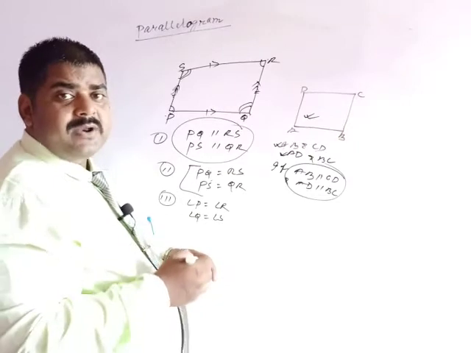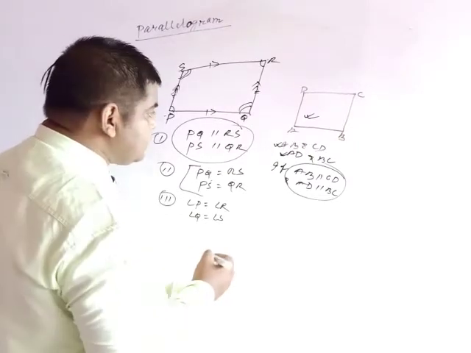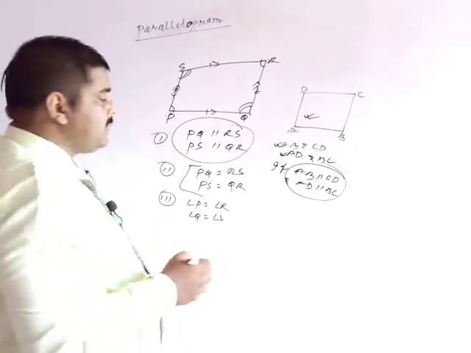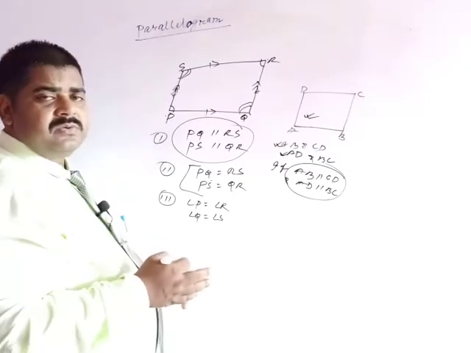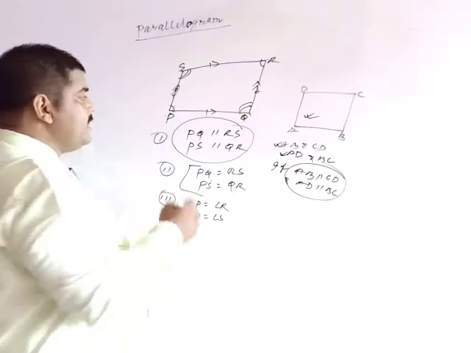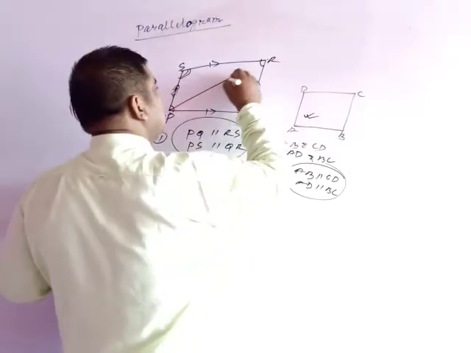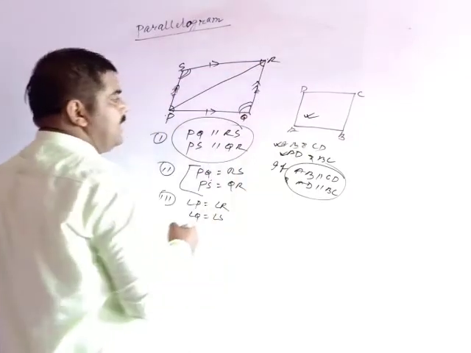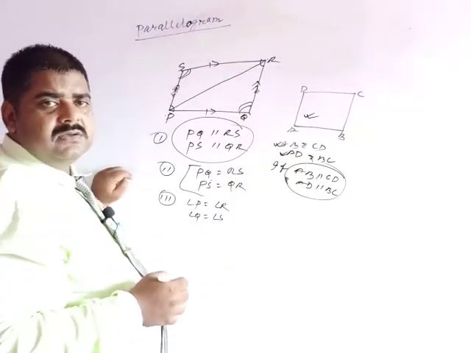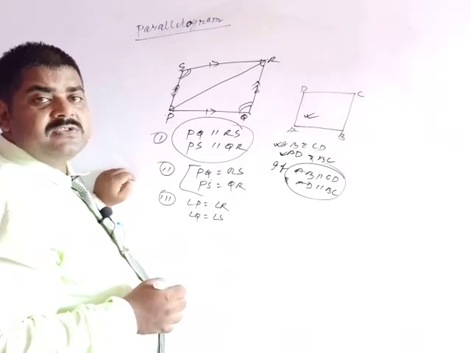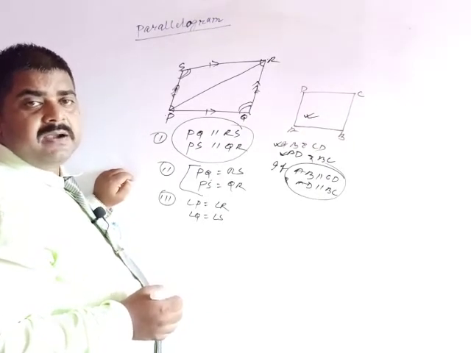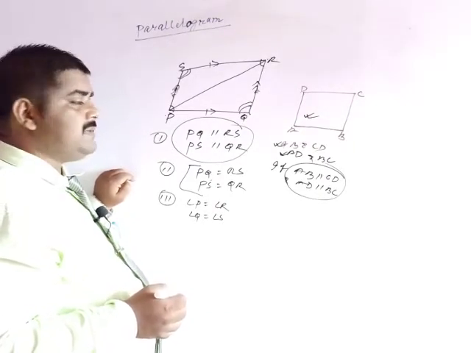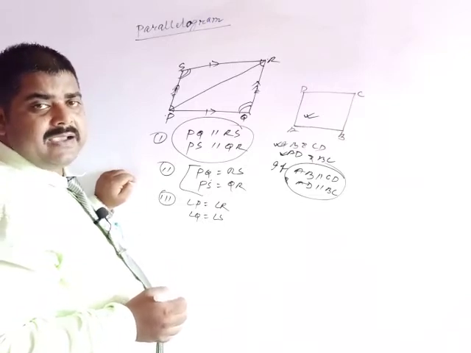The fourth characteristic that you have to memorize is related to diagonals. You know very well that the line segments which join opposite vertices or non-adjacent vertices are known as diagonals.